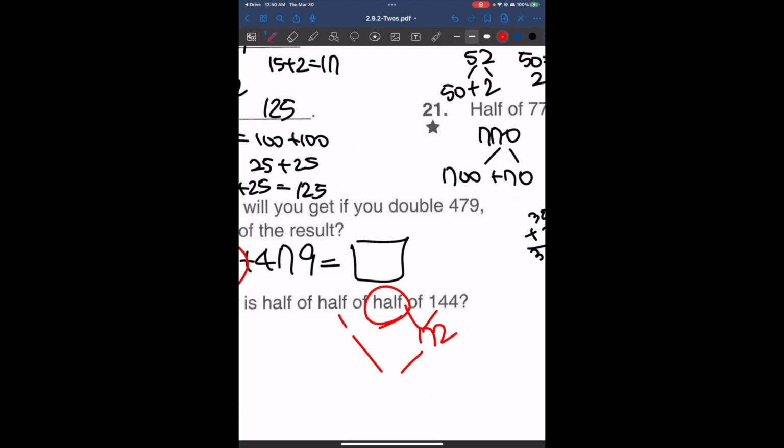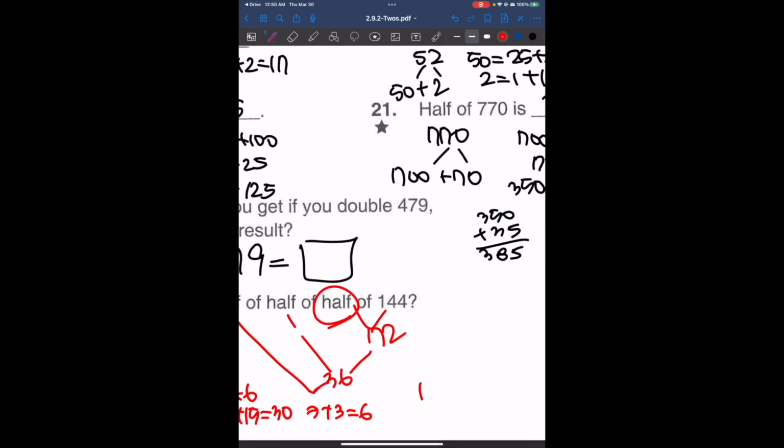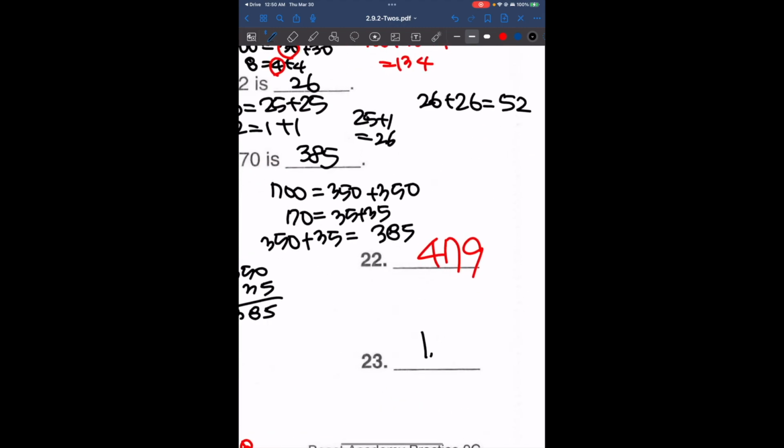Now we need to take one more half. 30 plus 6, and 15 plus 15 is 30. 3 plus 3 is 6. So half of 36 is going to be 15 plus 3, which is 18. So our answer is going to be 18.